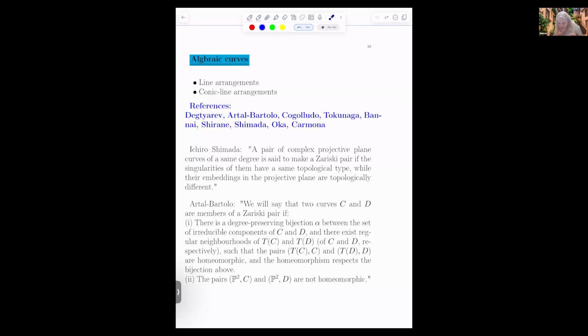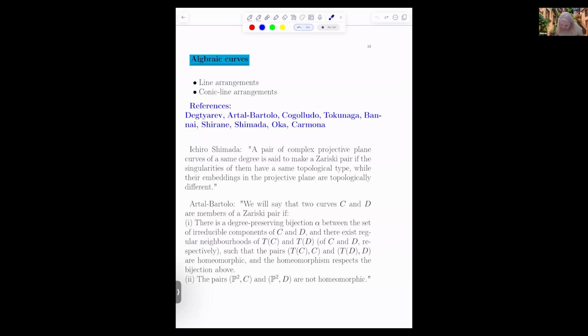We will say that two curves C and D are members of a Zariski pair if, one, there is a degree preserving bijection alpha between the set of reducible components of C and D, and there exist regular neighborhoods TC and TD, okay?